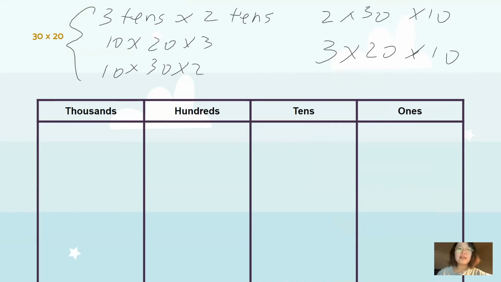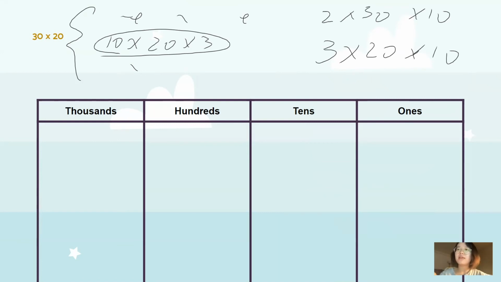Okay. So let's use 10 times 20 times 3. Let's use this one in a place value chart to help us solve 30 times 20.